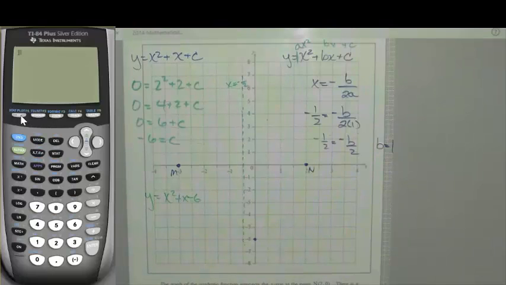So I'm going straight to my calculator and plug in the equation now that I know it. Instead of graphing it, I'm going to go to the table so that I can get the ordered points x and y that I'll use on my graph. And as I can see, I can scroll up and down and get all the points that fit in the window of the graph I'm given.